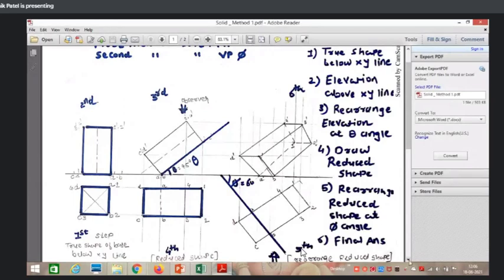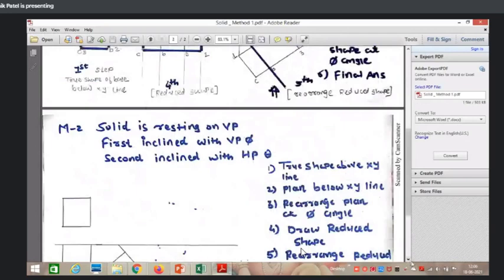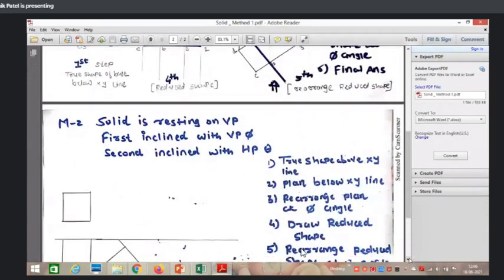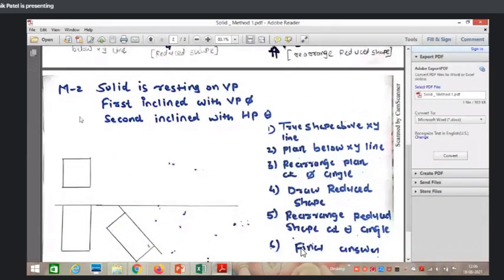Good. Now the next method: the solid is resting on the vertical plane, so first it is inclined with the vertical plane at phi angle, second it is inclined with the HP plane at theta angle. So which are the steps? First, draw the true shape of the base above the XY line. Second, the plan below the XY line.